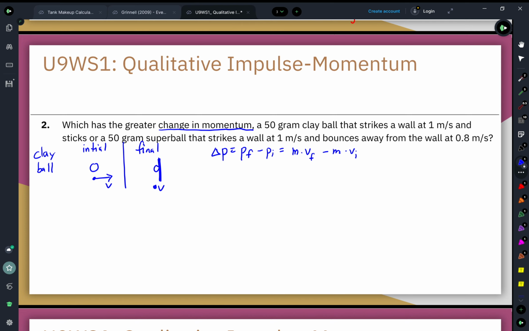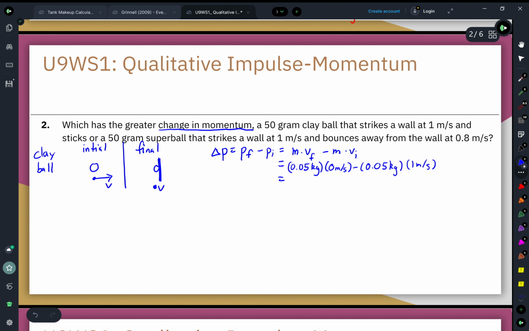So once I have that, I just need to plug in the values that I know. For example, I have a 50-gram clay ball, or a 0.05 kilogram clay ball. Initially it was moving at 1 meter per second, but when it sticks to the wall, the final velocity is 0 meters per second. Minus, I still started off with that mass of 0.05 kilograms times my initial velocity of 1 meter per second.